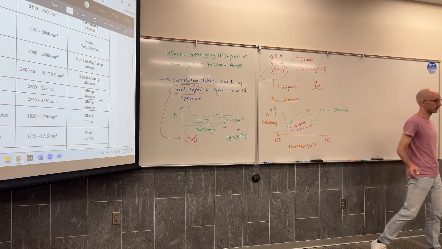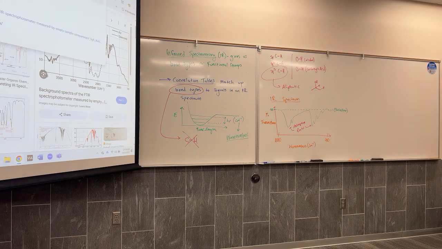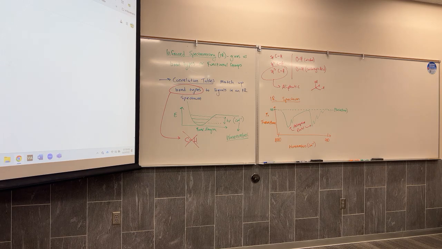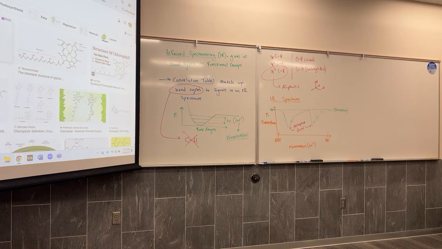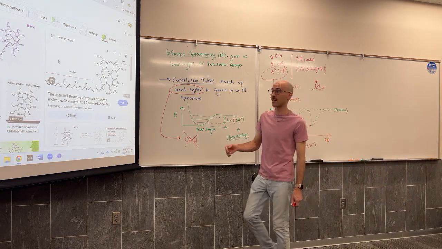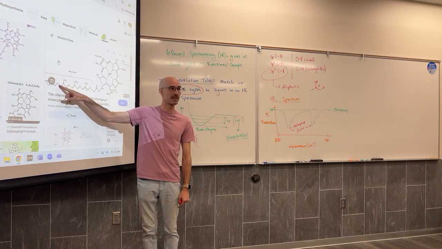So let's look at a molecule. Chlorophyll. Oh, look at that. It gave me the absorption spectrum. Oh, that's its UV-vis absorption spectrum, though. I just want to look at the structure. If we look at this, we can analyze a lot of bond types. There's a lot of CH bonds, sp3 CH.